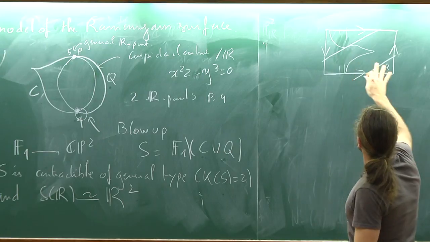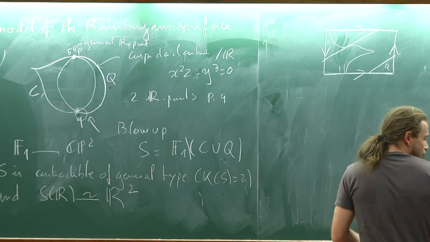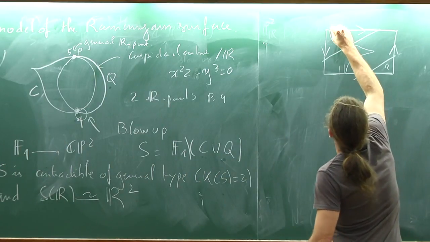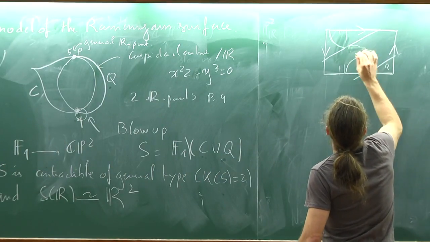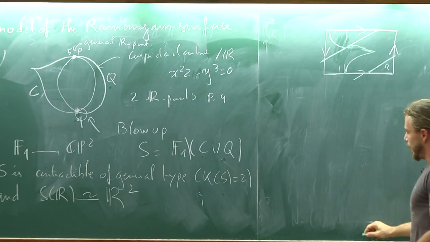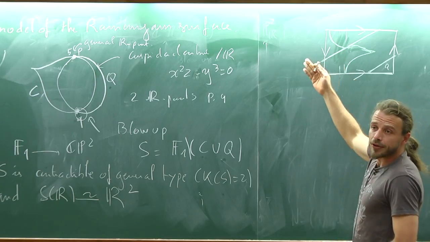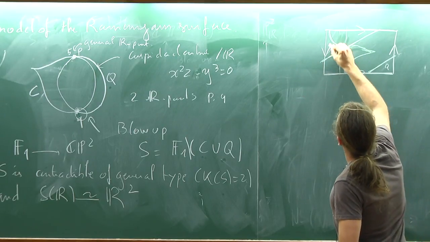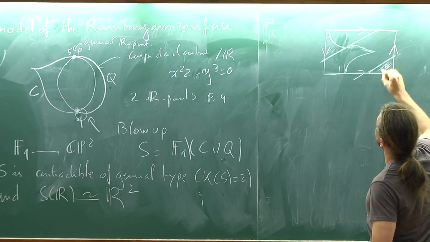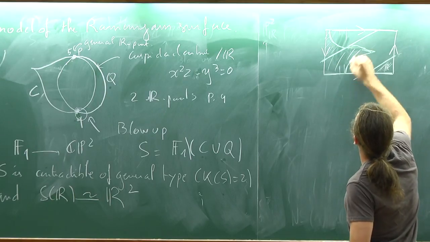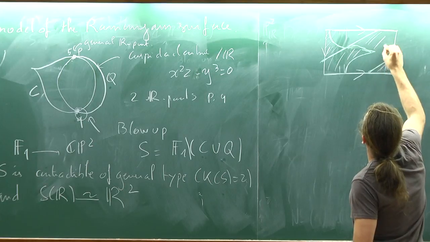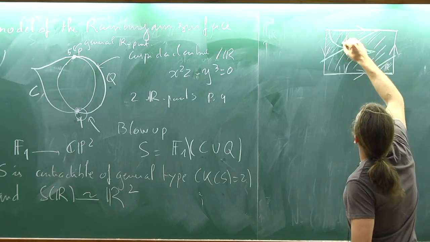So in this F1, I'm removing the union of this and this. So look, what is the complement of this in this Klein bottle? Going from here, it's attached to here, but it's also attached to here. And this part is attached there too, and this piece is attached to this one.